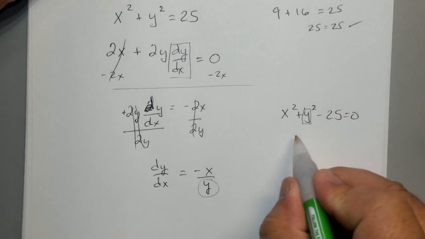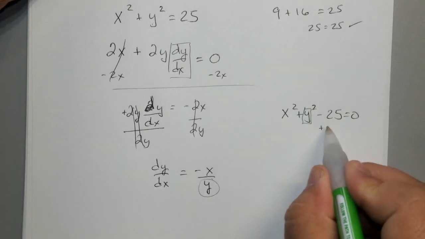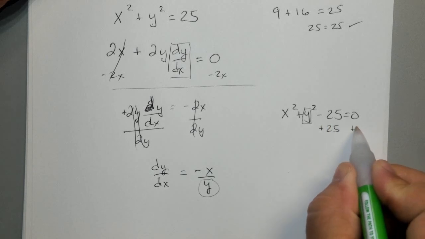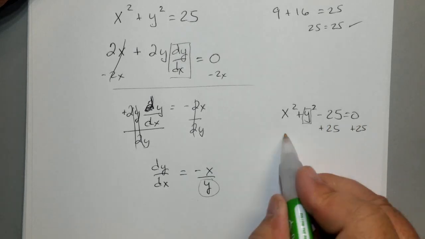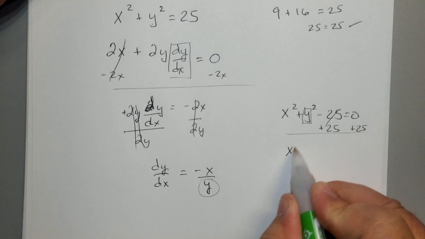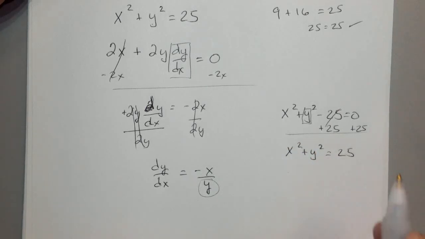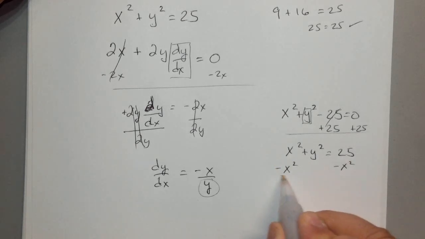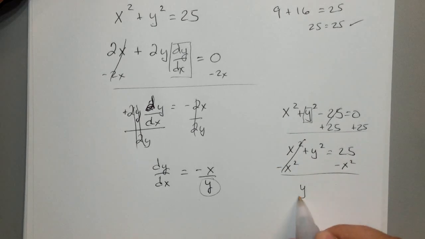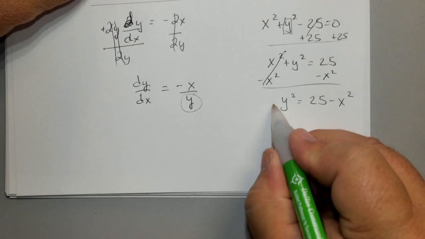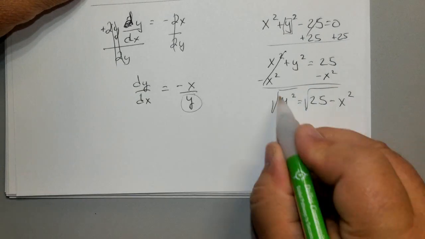And it goes there. x squared plus y squared is 25. Subtract x squared. Square root.